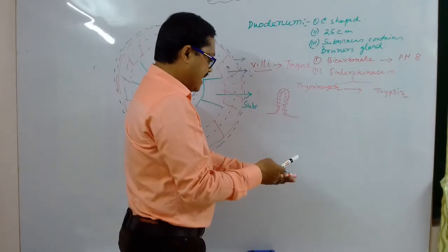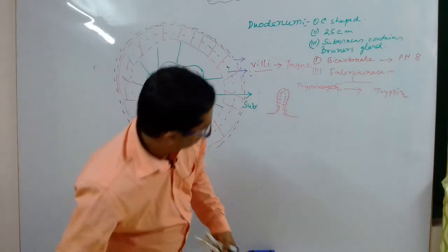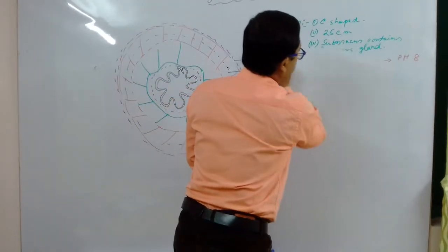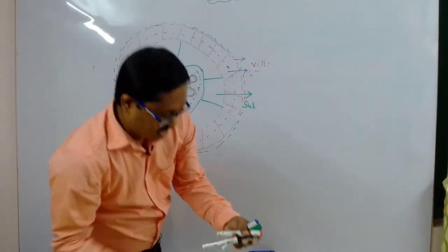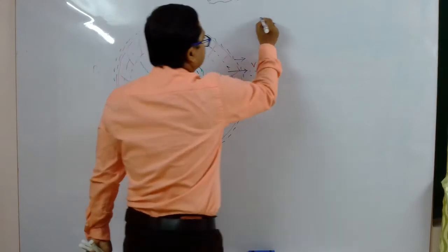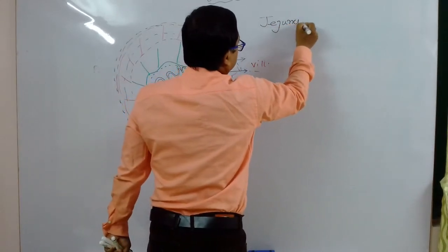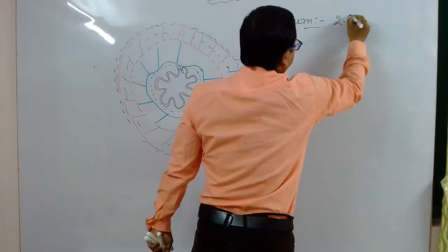Then the salient features of the jejunum. The jejunum is 2.5 meter in length.